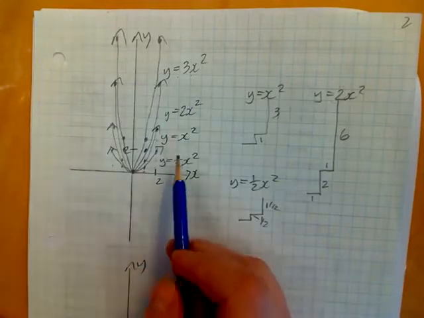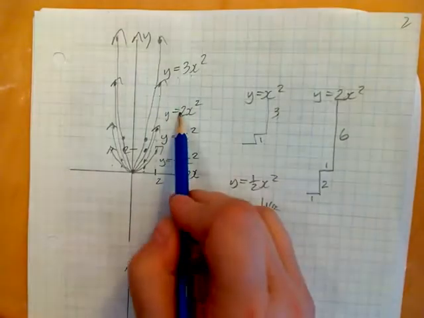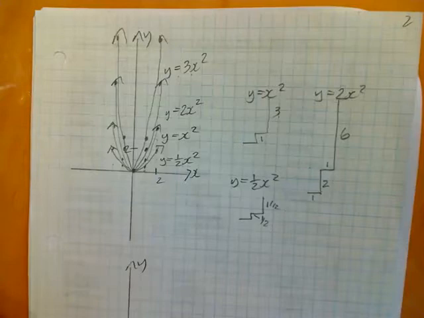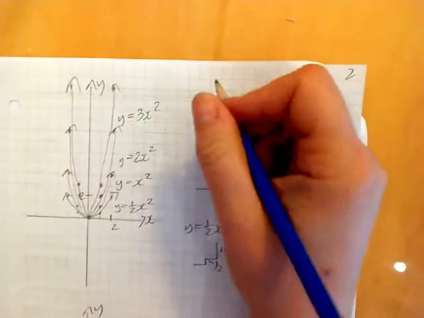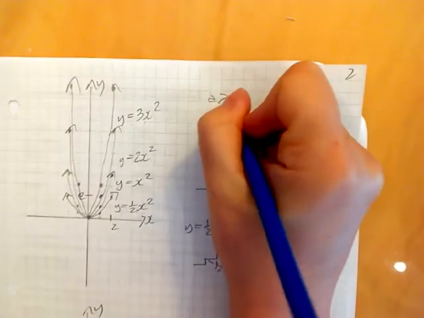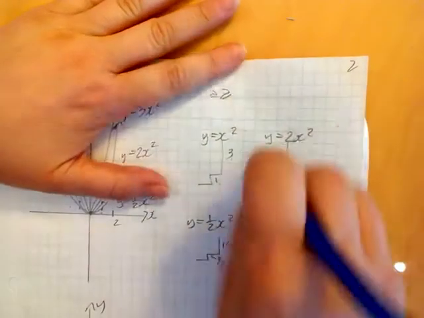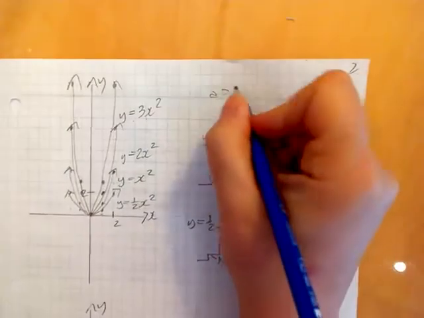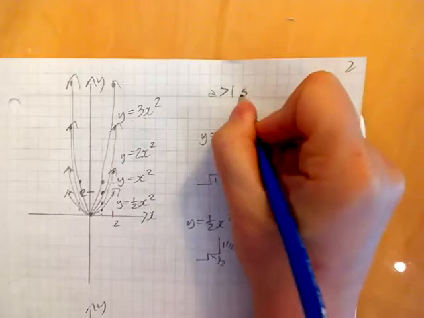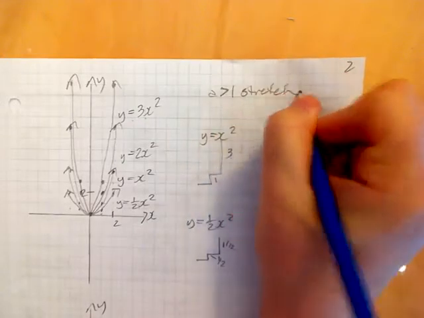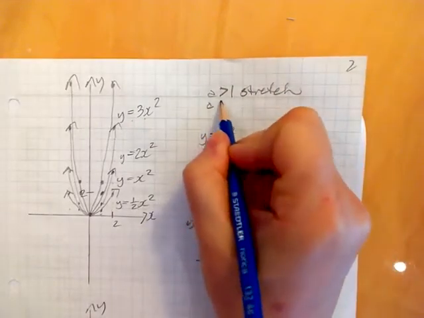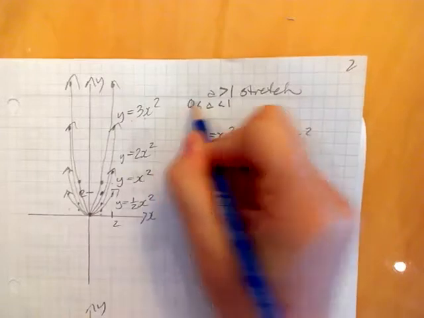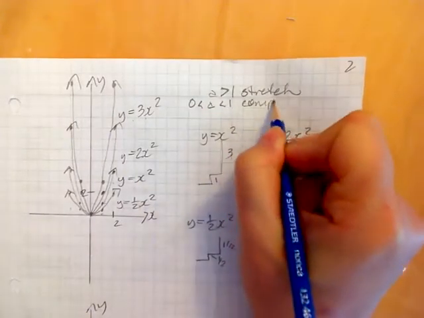All these values of a, or the number in front of the x squared, will tell you if your a is greater than 1, you know it's going to be a stretch. And if it's in between 1 and 0, it's going to be a compression.